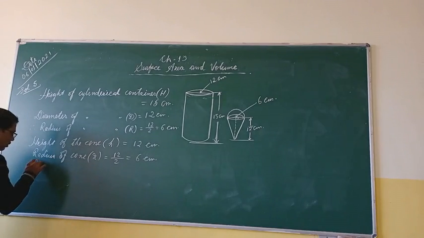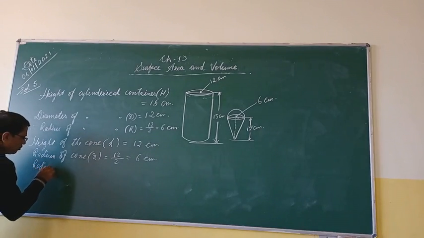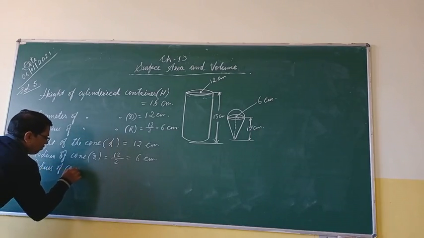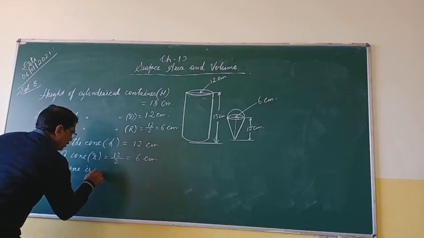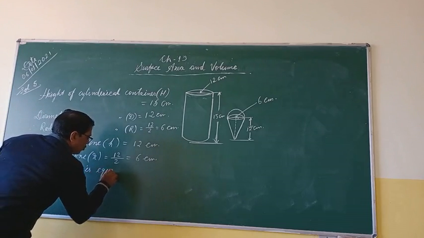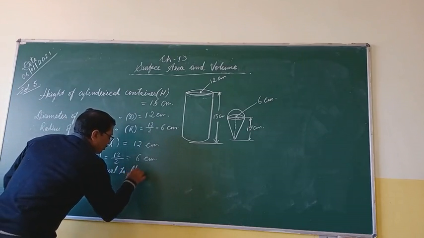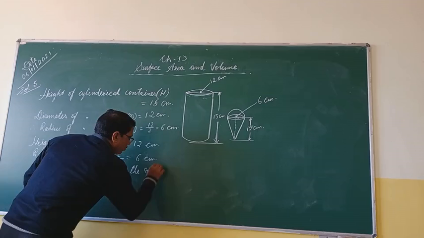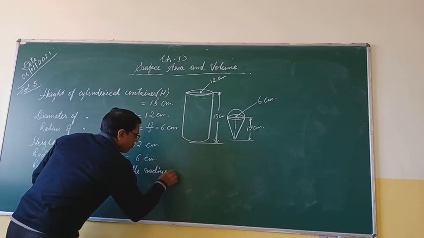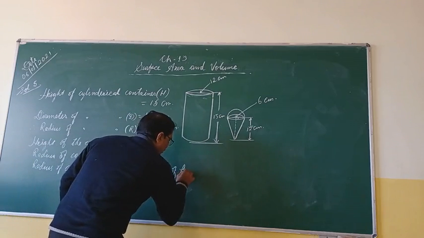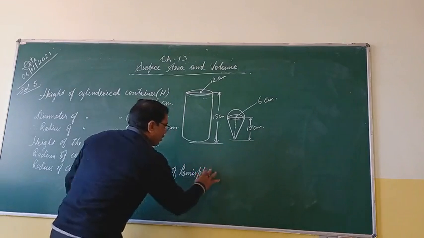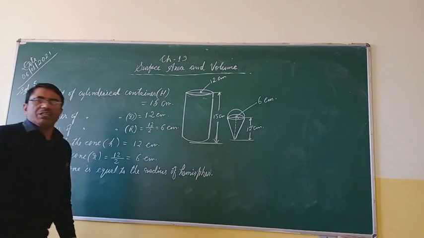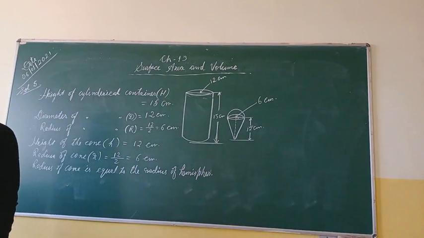Radius of cone is equal to the radius of hemisphere, both are equal, both are same.